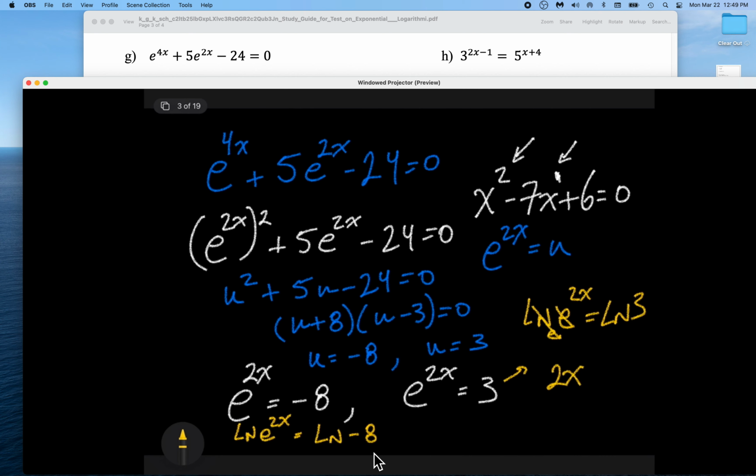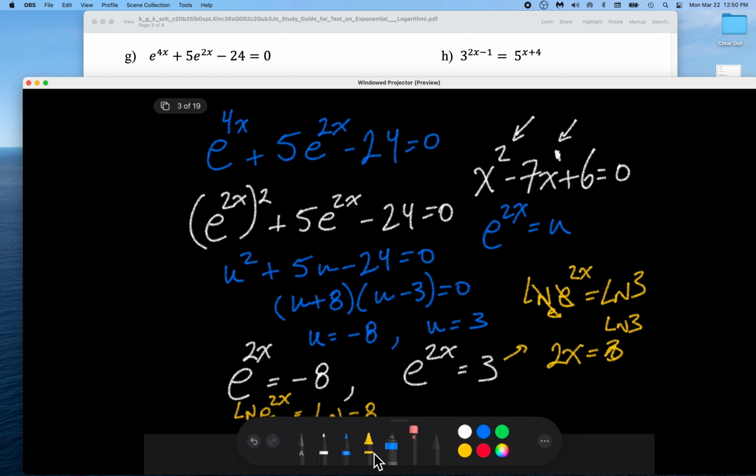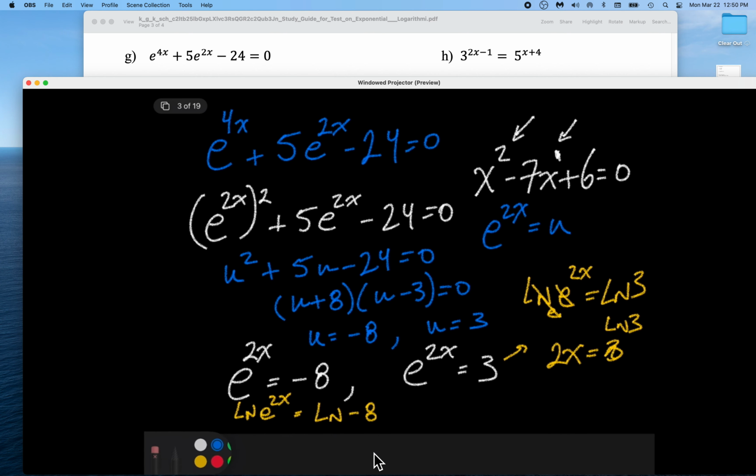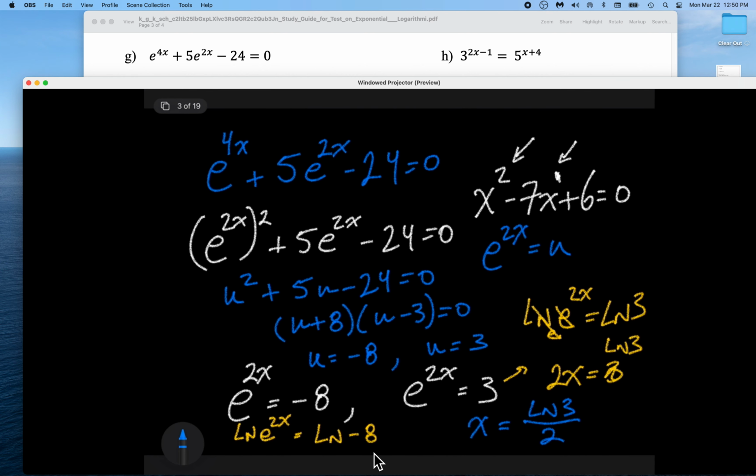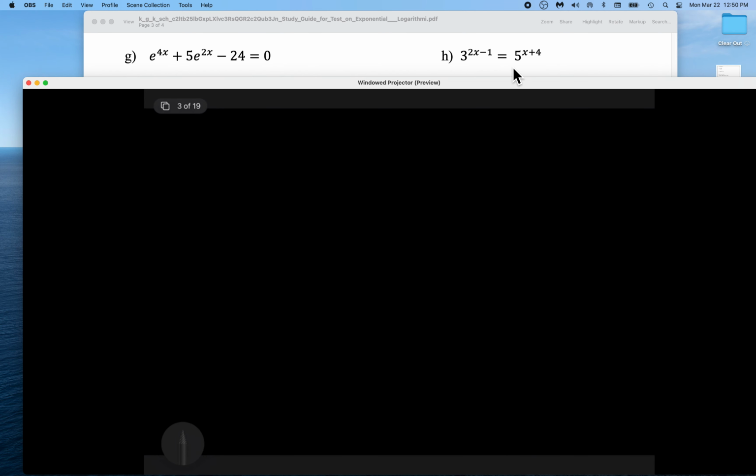We would get 2x equals natural log of 3, and the final answer for x is going to be ln of 3 divided by 2. Very interesting problem.